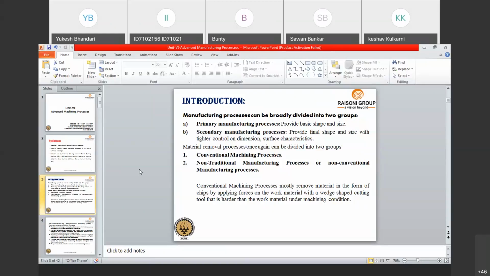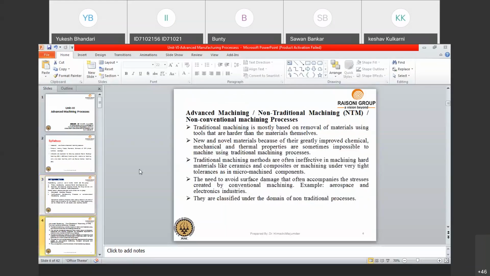That is conventional machining, you all know. So what are non-conventional processes, also called advanced machining processes, or non-traditional machining, NTM? Remember that. Advanced machining processes, non-traditional machining processes, or another name is non-conventional machining processes.